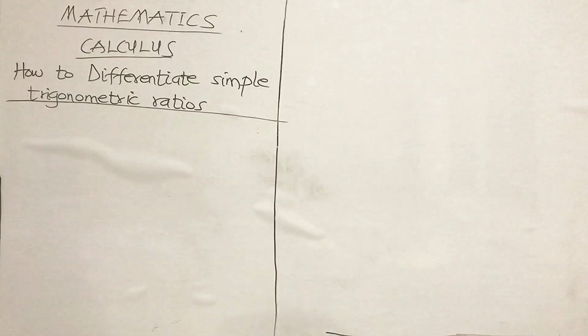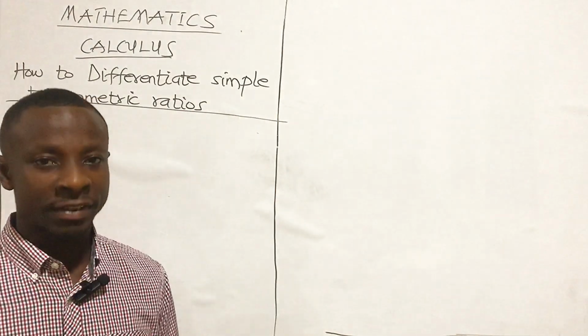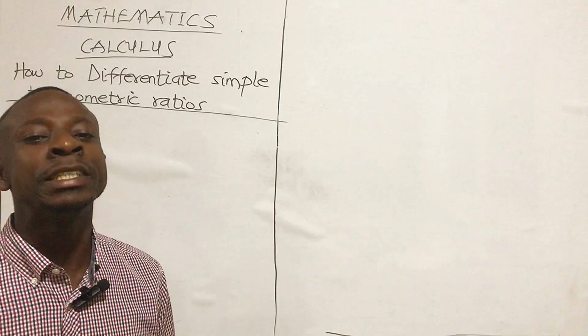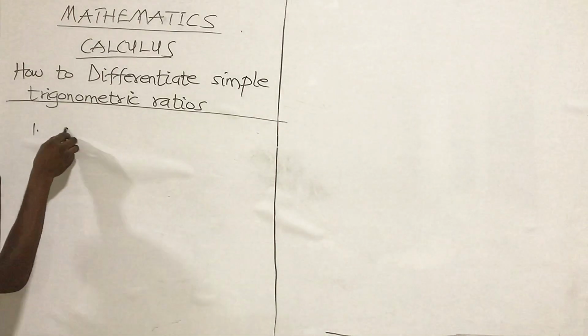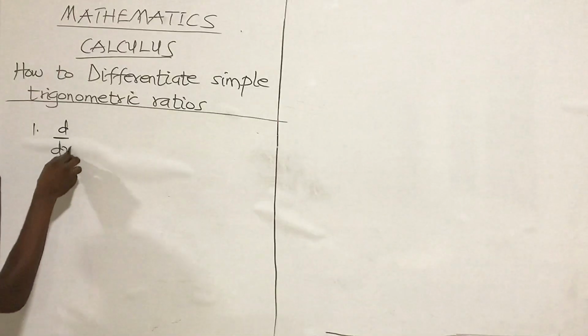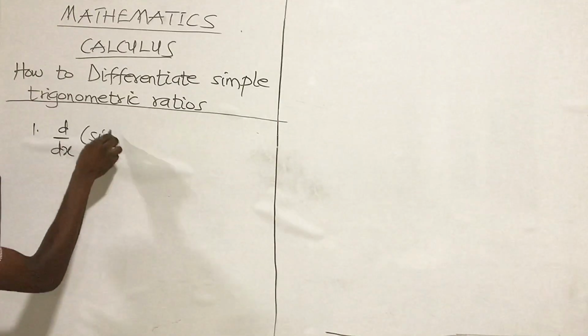But today, we are not just going to look at the definition, but how we can differentiate them. So now let's start with the sine. d dx of sine x.